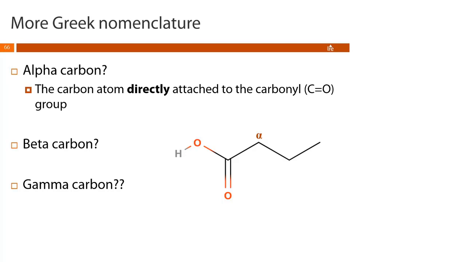So the next carbon down the chain will be our beta carbon. And the next carbon after that will be the gamma carbon. And that's as much Greek as I need you to know for this class. Alpha, beta, gamma. Alpha is going to be the carbon atom directly attached to the carbonyl. Beta will be the next carbon. Gamma, the next carbon after that.